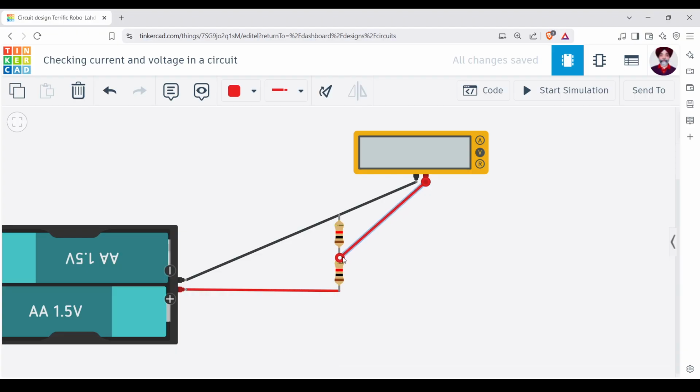Let's change this now. Let's change this to here. What does this mean now? This means I've connected the multimeter across a resistance. So when I say across the resistance, what is the potential difference between this point of the resistance and this point of the resistance? This will give that. Let us figure out what is the actual resistance here.